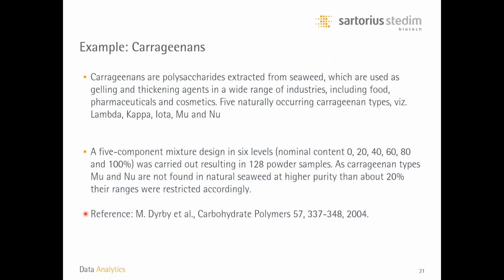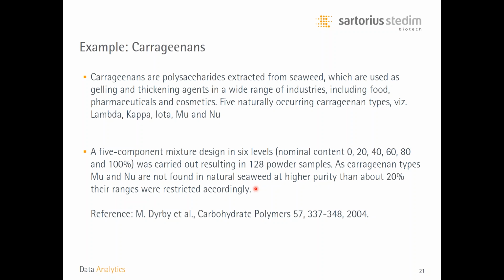In this article, the researchers were using mixture design to induce systematic changes among these 5 naturally occurring carrageenan types. So they were doing DOE, varying the nominal content from 0 up to 100% for those varieties occurring in large proportions, and mu and nu were varied at more restricted ranges to reflect their natural abundance, or the real proportions.